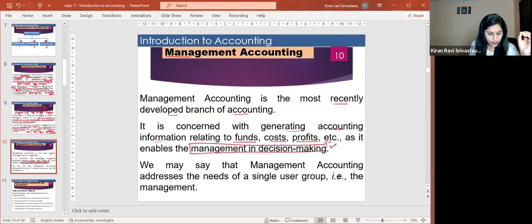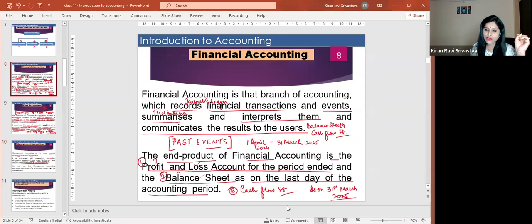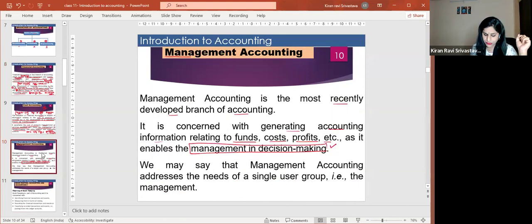Like in financial accounting, its main job was to ascertain the profit and loss and balance sheet of an accounting period. The main job of management accounting is to enable the management in decision making by passing on the information. Thus, we may say that management accounting addresses the needs of a single user group, that is the management.